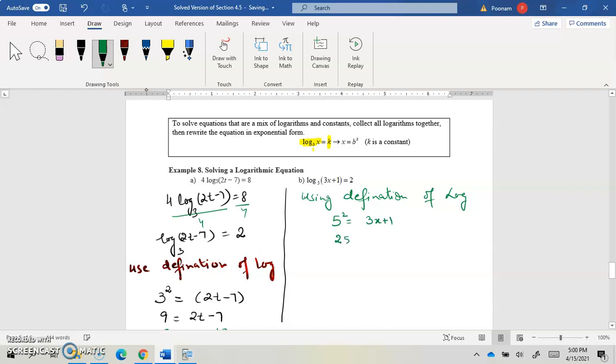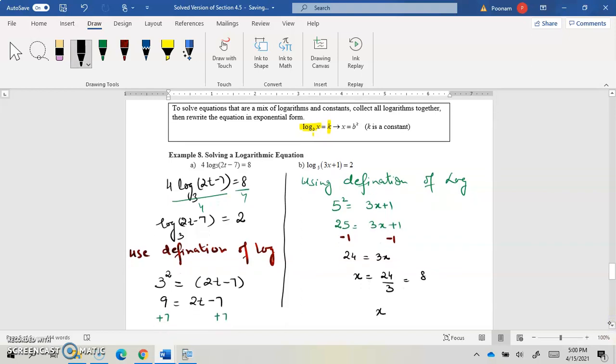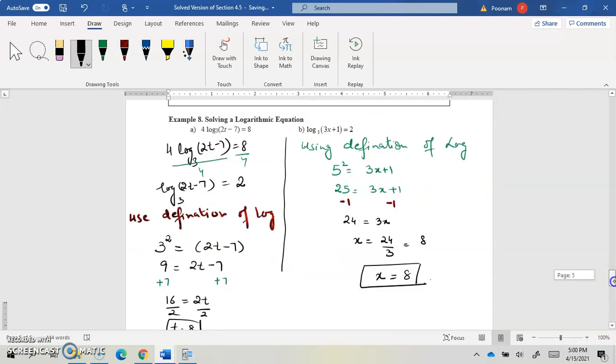So we have 25 is equal to 3x plus 1. Isolate x by subtracting 1 on both sides. So we have 24 is equal to 3x. Dividing both sides by 3, we have 24 by 3 is equal to 8. So the solution to this equation would be 8. I'm going to let you guys check your answers back in the equation.